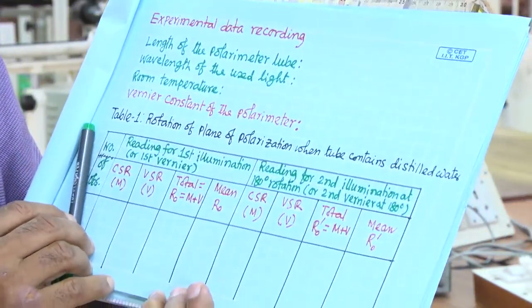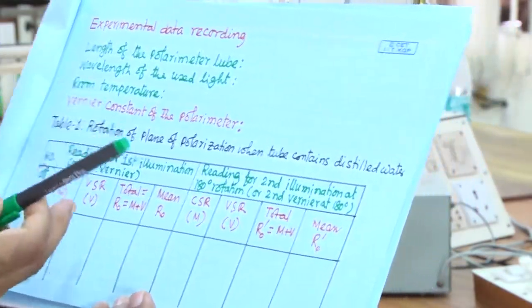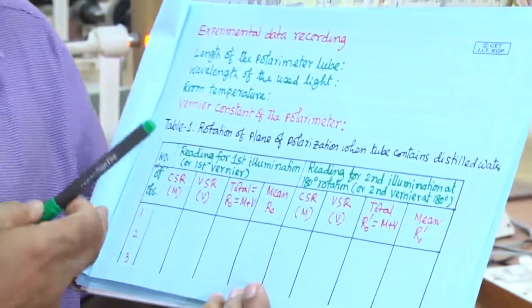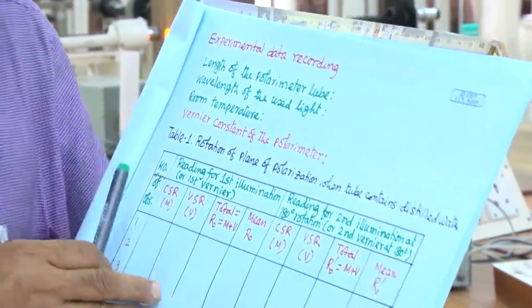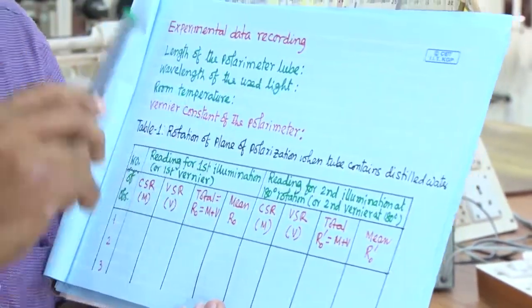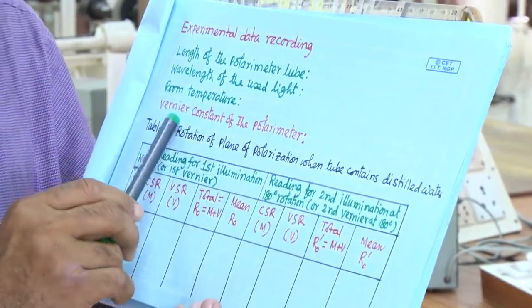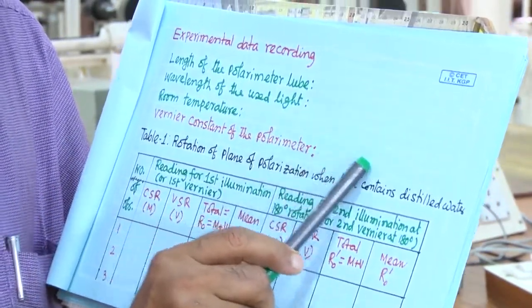We expect the solution temperature and room temperature will be the same if we do not cool or heat it. Then the vernier constant of the polarimeter. There will be a circular scale and a vernier, and you have to find out the vernier constant and write it.